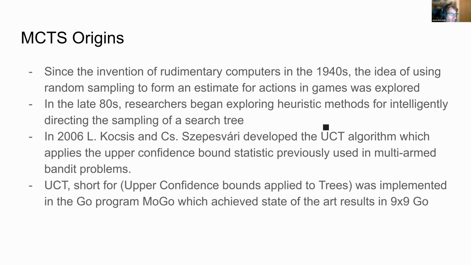So the whole idea in MCTS is to direct the exploration of the action space into areas that we think have a promising chance of being good. And that's based on both the average that we've collected so far and also the uncertainty in actions that haven't been explored yet.